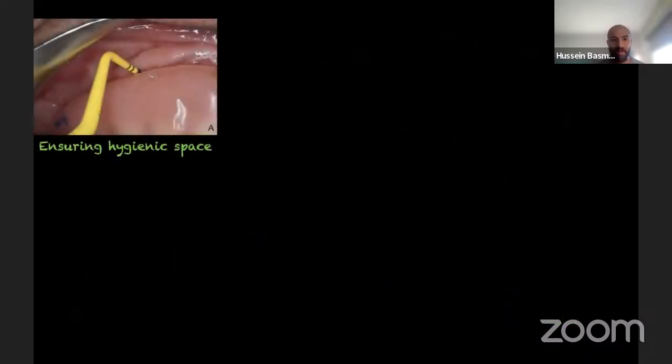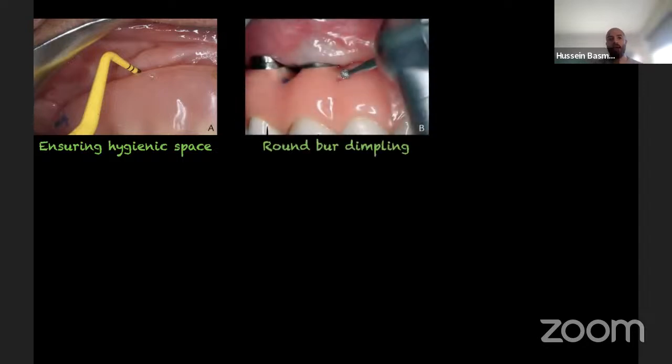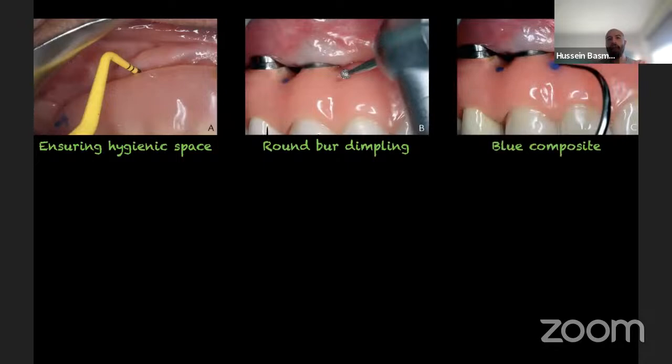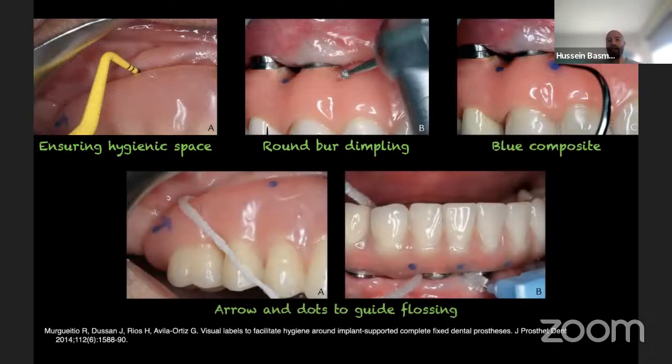Another important thing, especially in the maxilla, is that we should have a good fit so that the patient doesn't have any phonetic problems. We can ensure this by creating some hygienic spaces. This will help the patient access those sites in order to clean around the abutment, so that we prevent plaque accumulation from happening at that point.